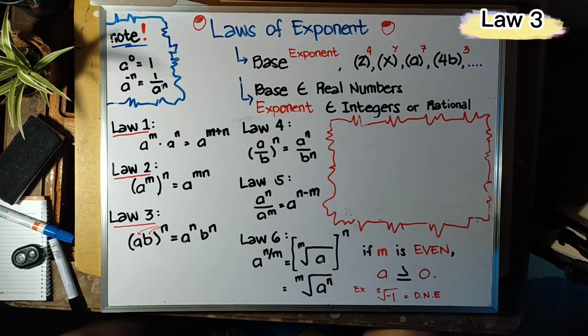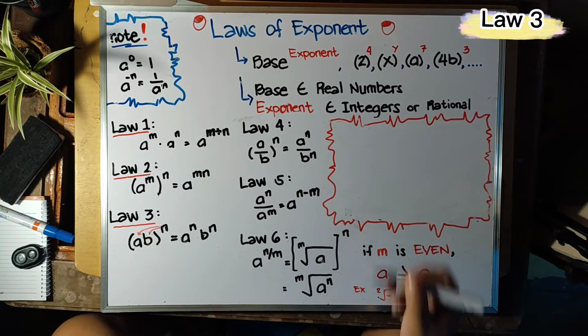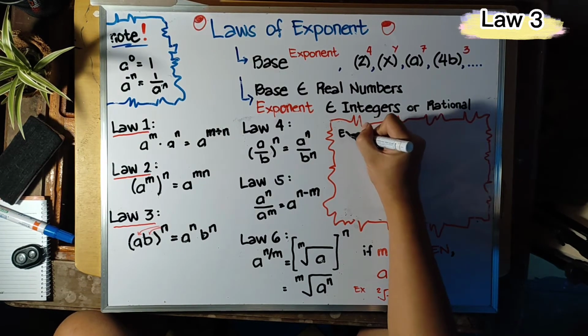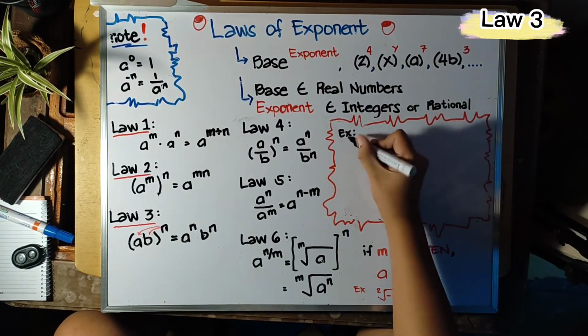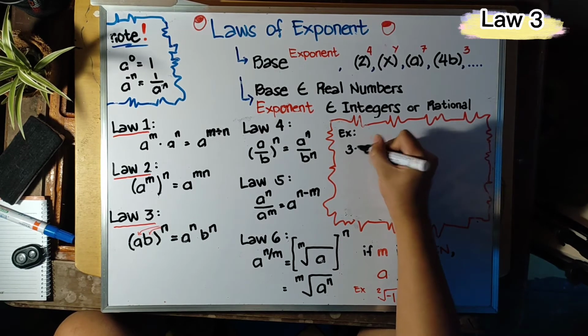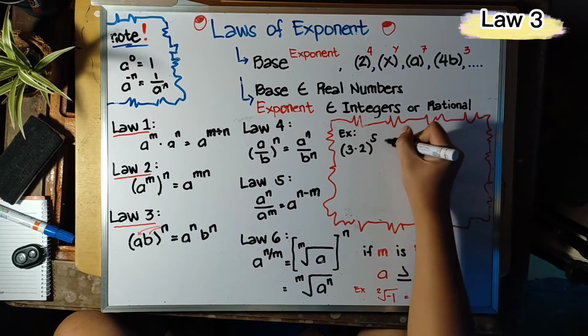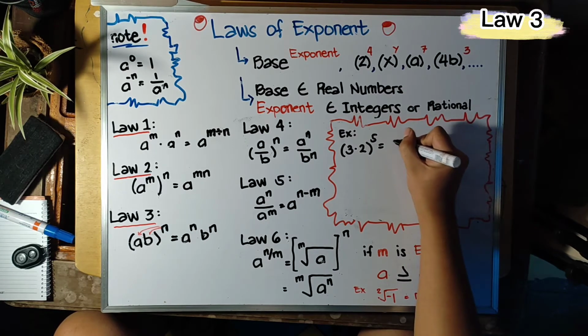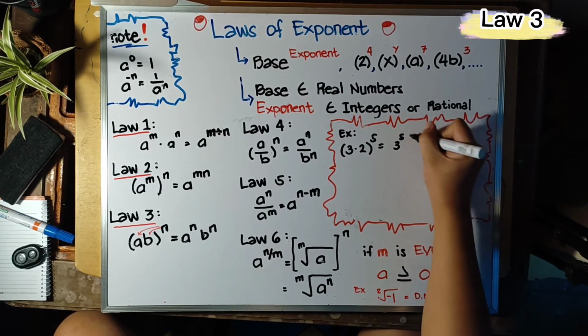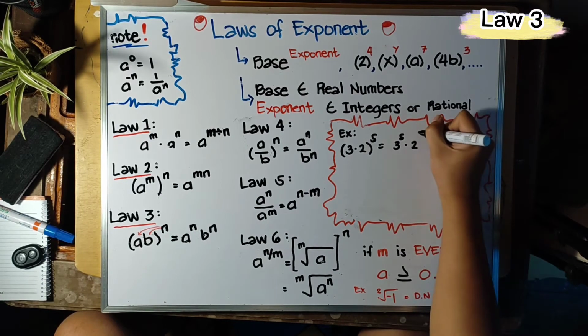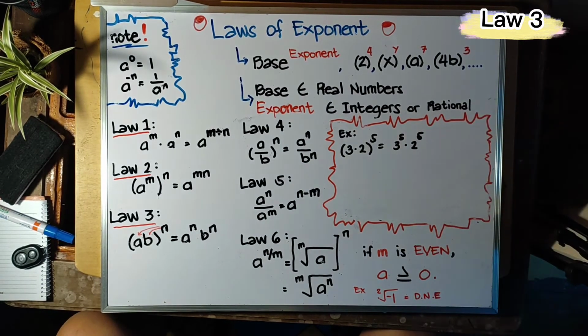Say for example, let's have an example. 3 times 2 raised to 5 magiging 3 to the 5th times 2 raised to 5th.